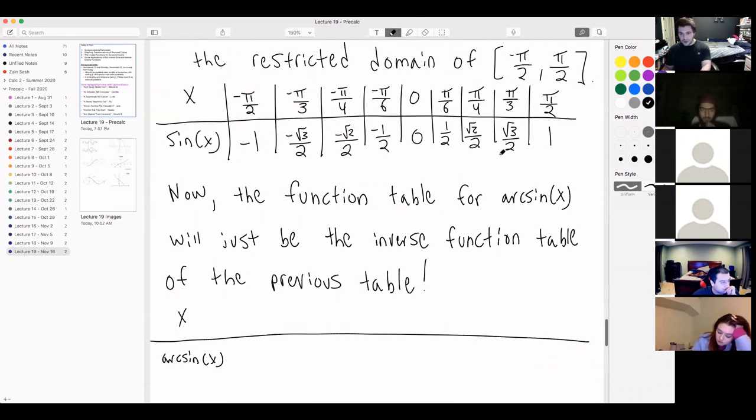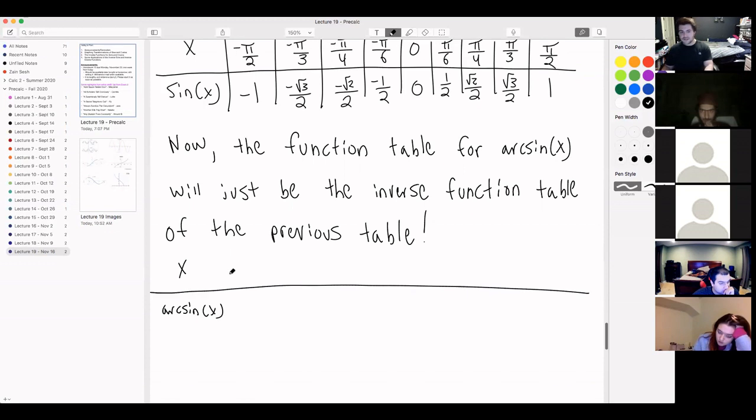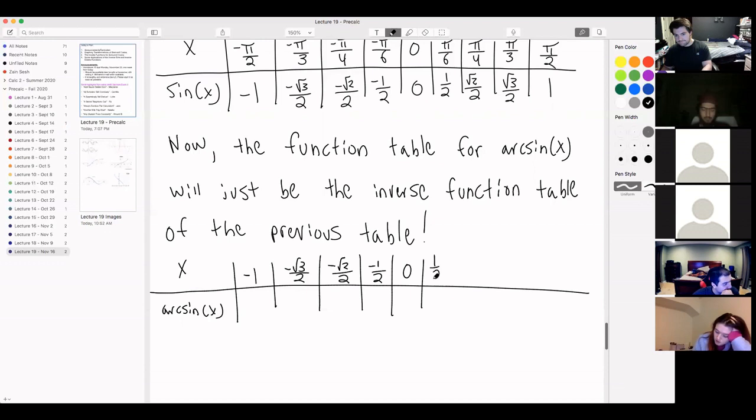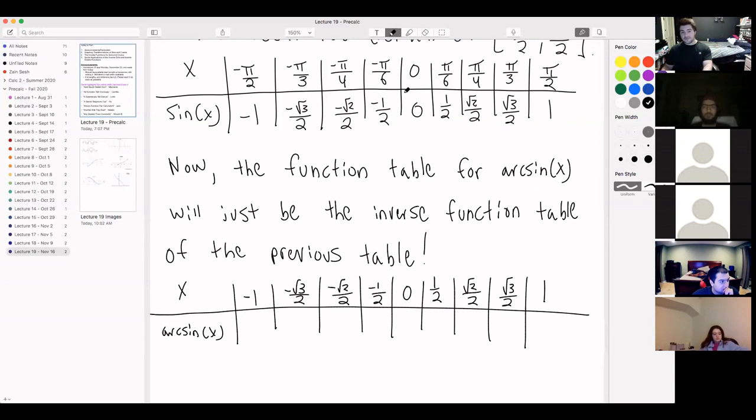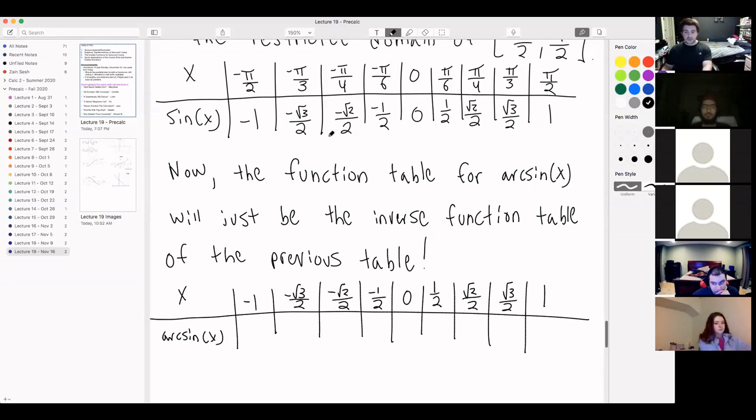I'm literally just swapping the first and second rows. So this bottom row will now become the top row. It will become the inputs. So -1, negative rad 3 over 2. Yeah, so I'm just gonna fill this out. Okay, so those are the inputs, which I've gotten from the outputs of the previous function table.